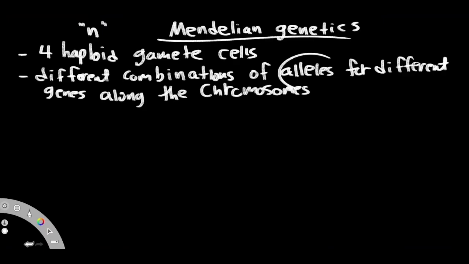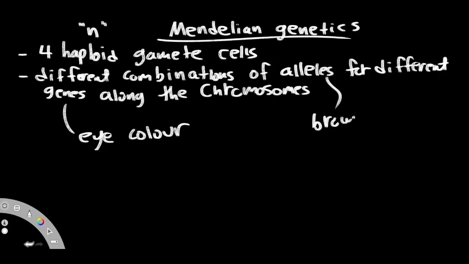And remember, alleles make up the genes, right? So if a gene was pertaining to eye color, an allele would be brown eyes or blue eyes. And obviously you can only have one of these alleles for that particular gene characteristic, right? In this case, we're talking about eye color. So obviously we only have one allele of each of these genes, right? So there's one allele of each gene.